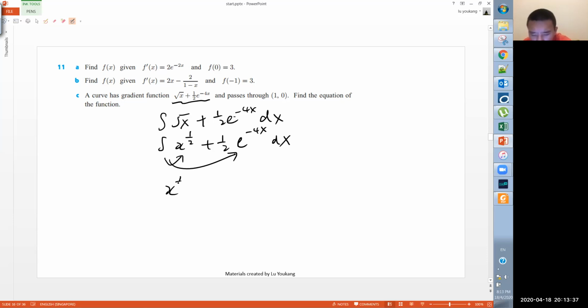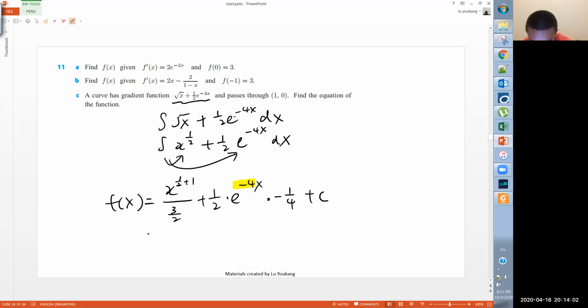So you add 1 to the power, bring down the resultant power. Over here, when you integrate this, you're supposed to get this. And when you differentiate, your -4 will be brought down. So therefore, you need to counter the effect of your -4 with -1/4. So C. So this is your f(x).